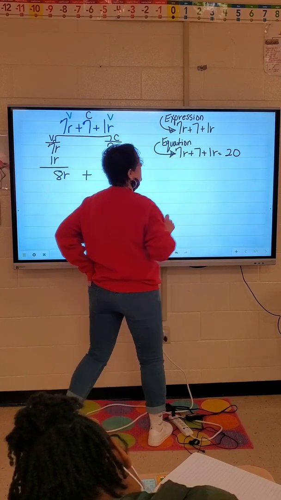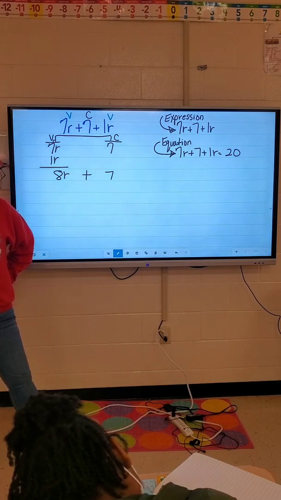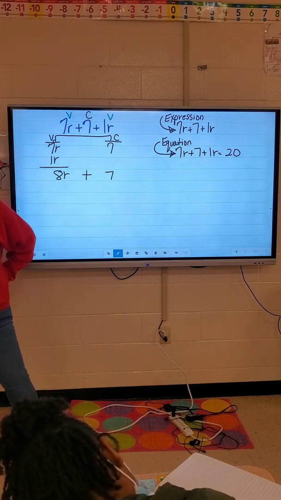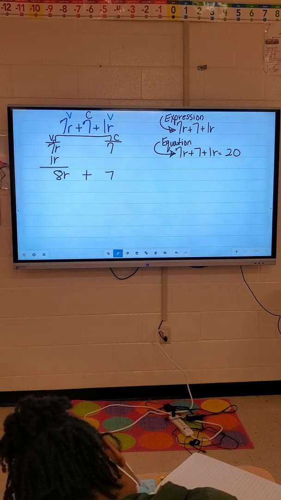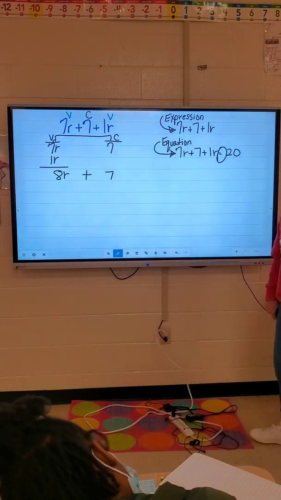Wait, what's the difference in those? One has an answer, one doesn't. One has an answer and one doesn't. The difference in an expression and an equation is that right there.